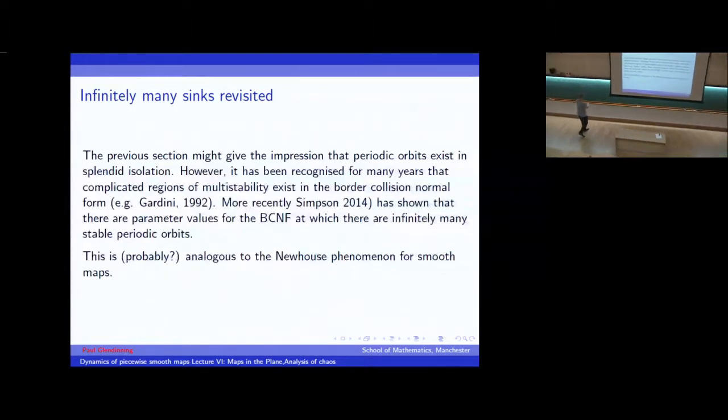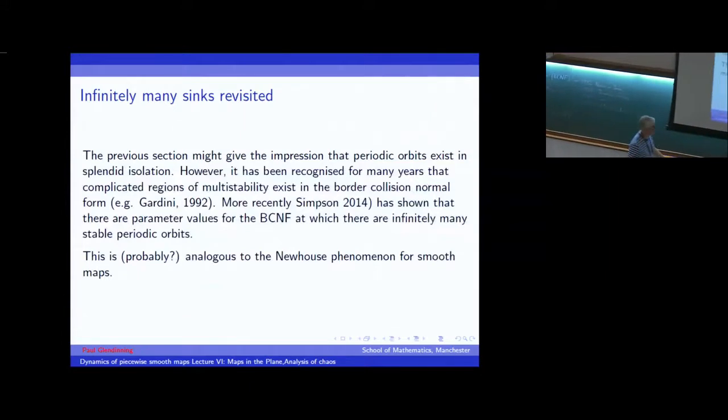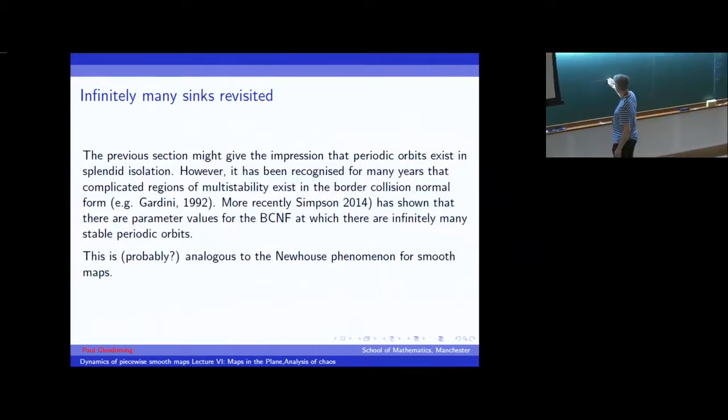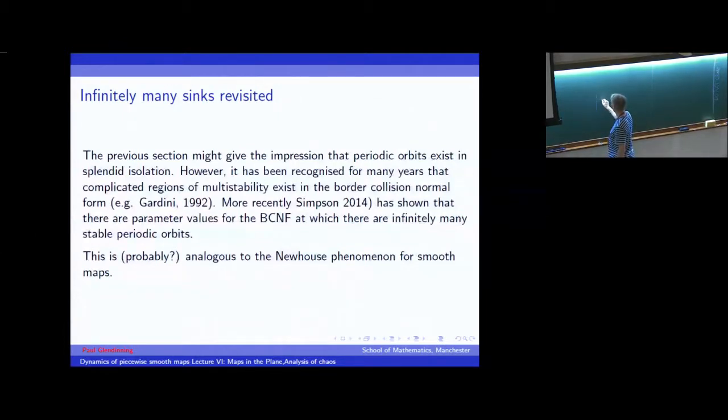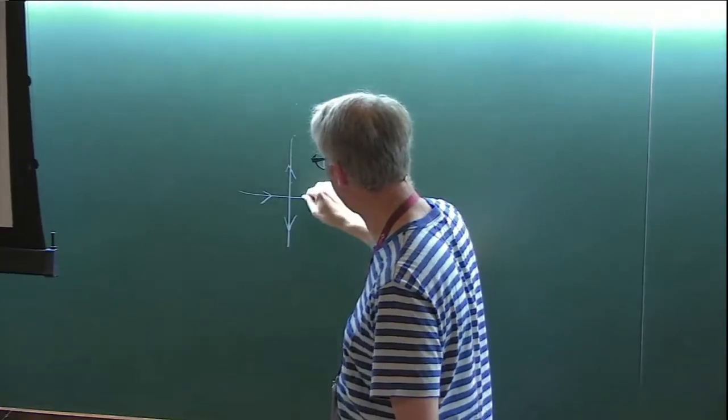This will come in a bit with the robust chaos. So suppose you have a fixed point of the map which is a saddle. Things are moving away along the unstable manifold, and they're coming in along the stable manifold.